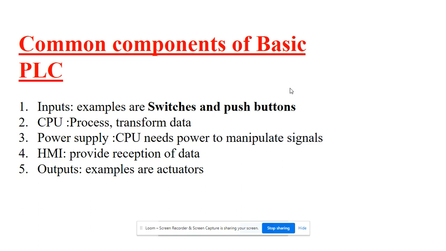Remember, when we were defining a program, we said it is the ability of a machine to receive and contain data. So the HMI helps the machine to receive software or instructions from the user. And then the last module is the output.